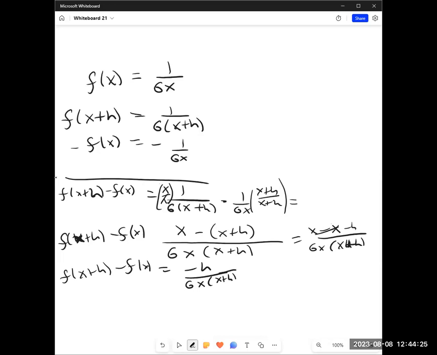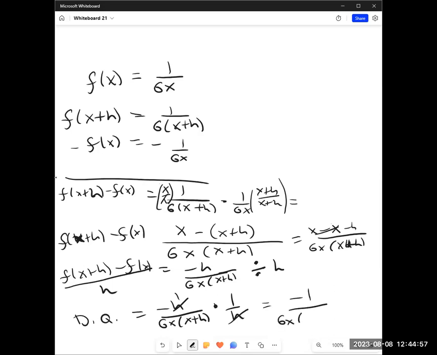I am now going to divide by h. When I divide by h, that makes my difference quotient equal to a negative h over 6x times x plus h times the reciprocal of h. So those h's will cancel since they're not equal to 0. That leaves me with a negative 1 over 6x times x plus h, h not equal to 0.